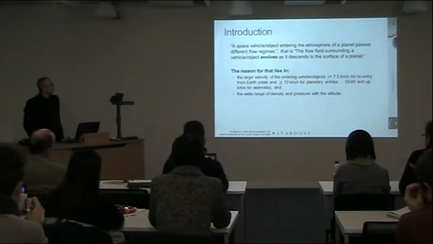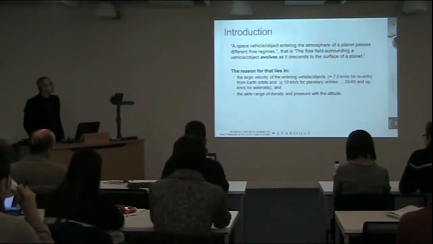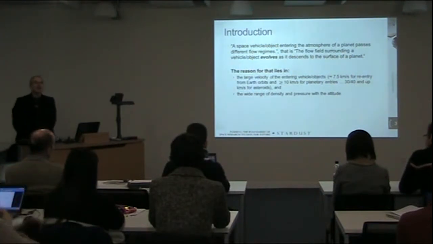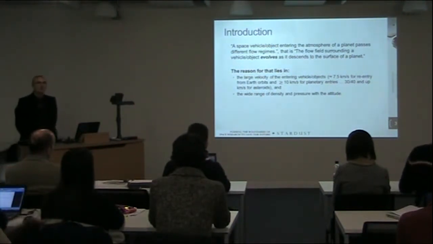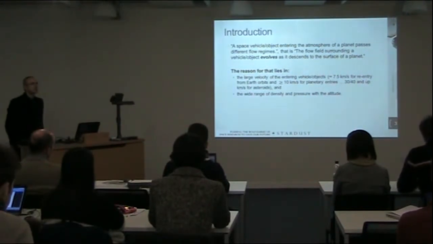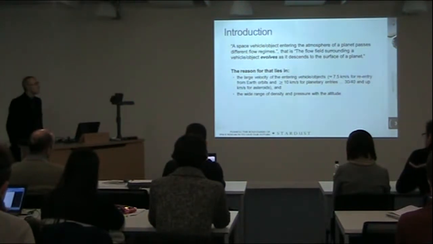So the first thing that we have to understand is that the flow field around an entry object is evolving during the trajectory, due to the different regimes of velocities.